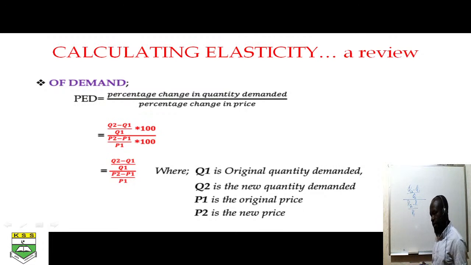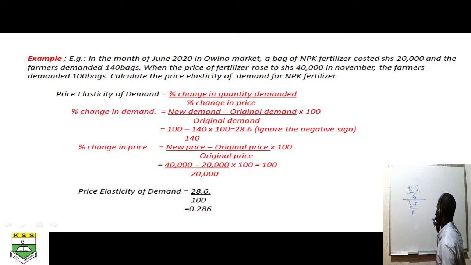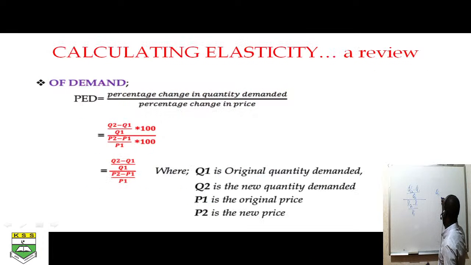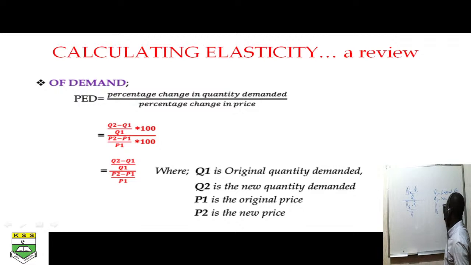I told you the other time that whenever you're calculating elasticity, we look for our Q1, Q2, P1, and P2. Q1 represents the original quantity, Q2 represents the new quantity, P1 represents the original price, and P2 represents the new price.